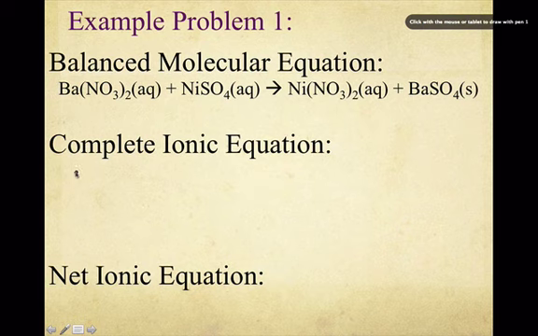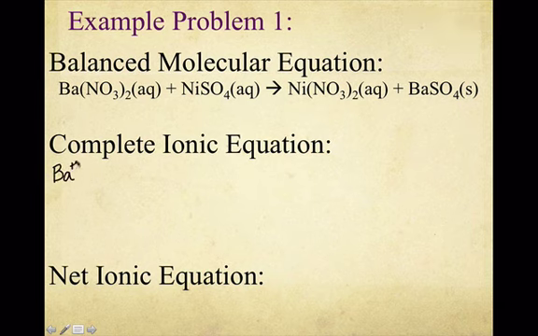So for the complete ionic, this is where we're going to take anything that's aqueous and we're going to split it up. So I'll start here. Barium, when it's an ion, has a charge of +2. So it's Ba 2+, and I put the aqueous sign after it. Plus, I have nitrate here, and there are 2 of them. So 2 nitrate ions, and they're also aqueous.